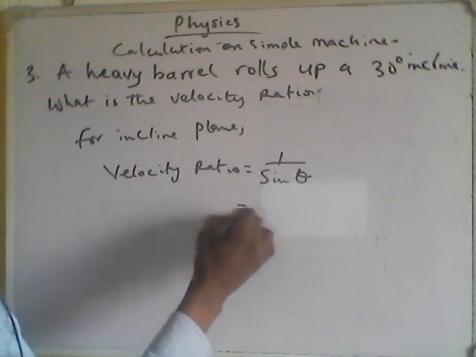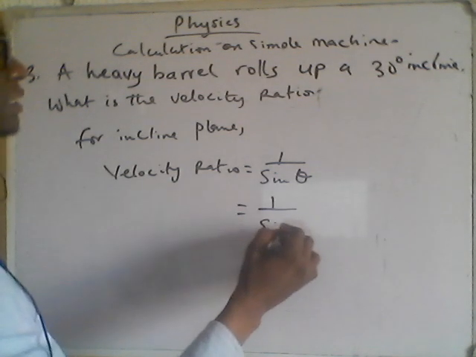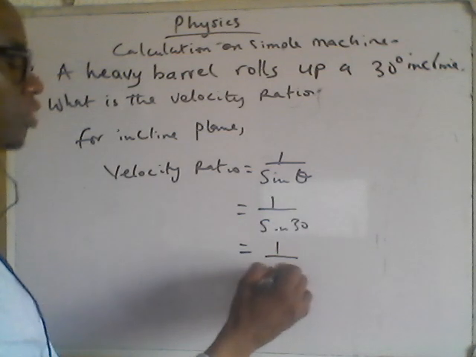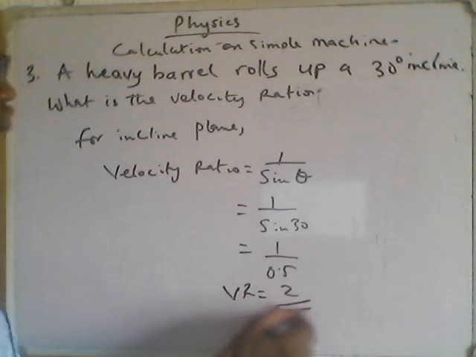So theta is 30 degrees, right? So 1 over sine 30 is the same thing as 1 over 0.5, and VR, which is velocity ratio, is equal to 2. That's the answer.